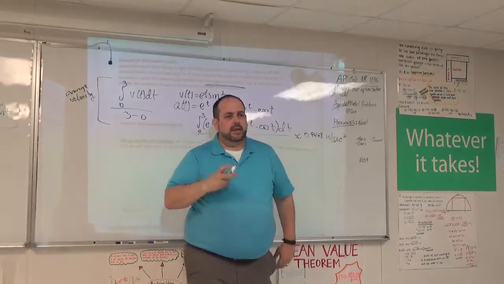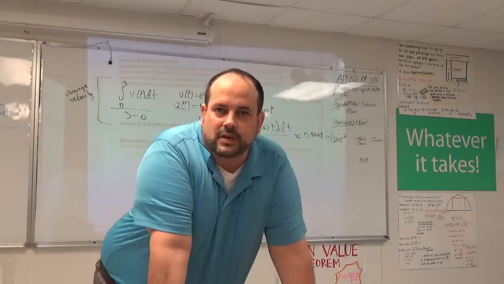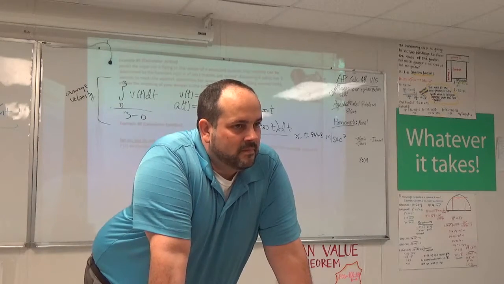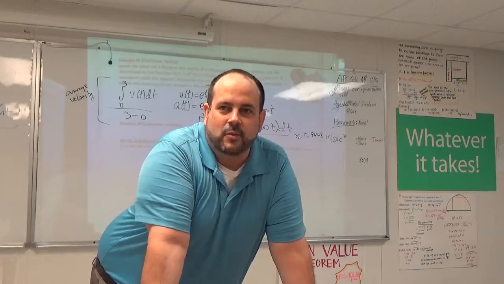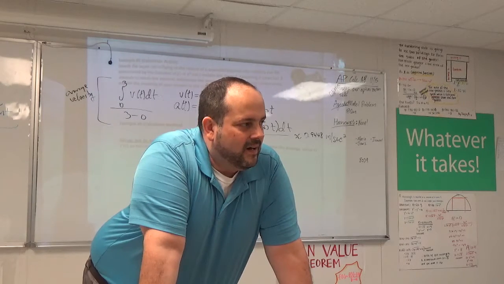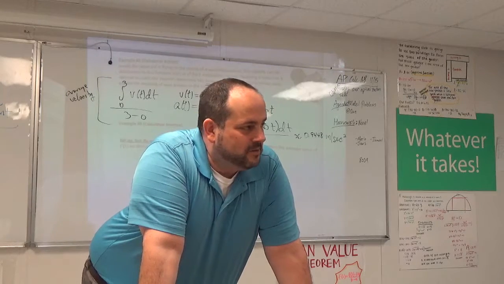Okay. Now for all my AP Physics folks, you have another way to find average acceleration. I'm sure Mr. T does. There's another way to find average acceleration that all the AP Physics folks know and are responsible for knowing.